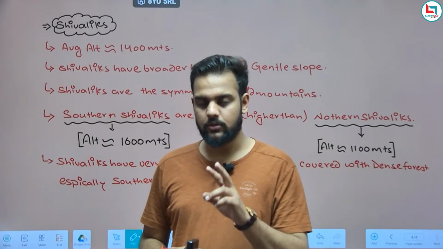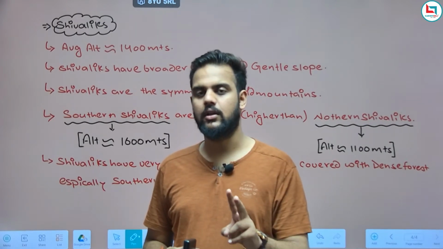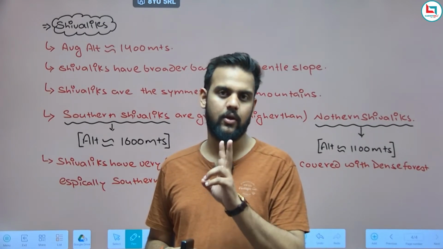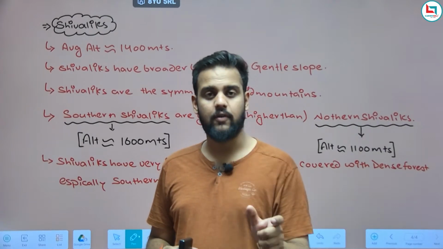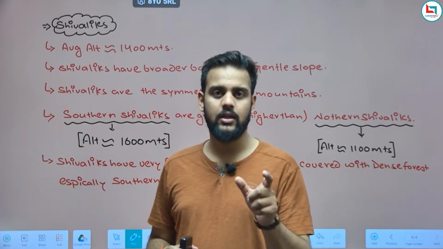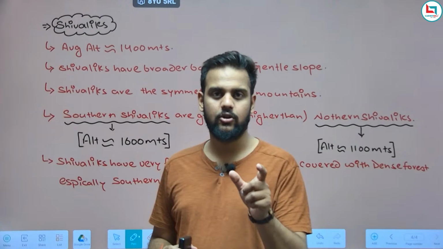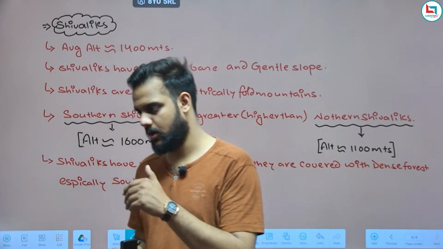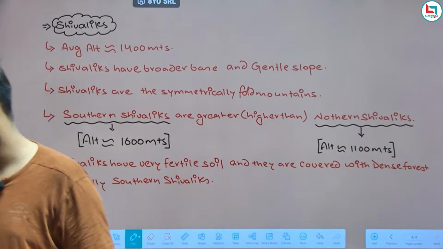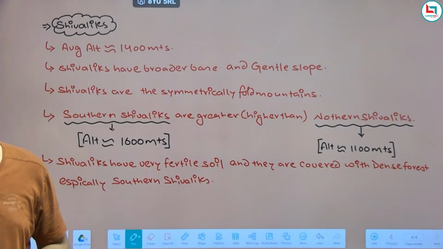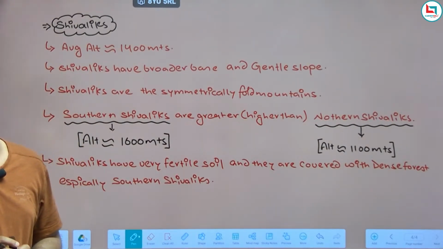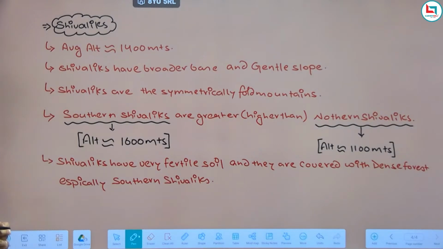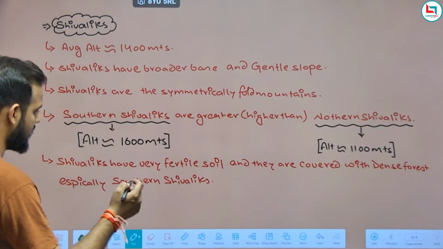So these both regions are the hot spot for biodiversity, and a lot of biodiversity is being found in the Shivaliks. One of the highest biodiversity in India is found in Shivaliks.